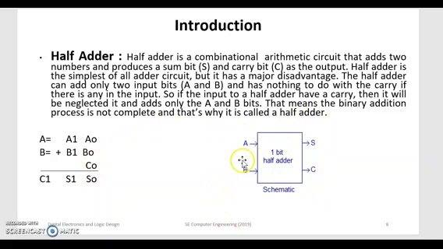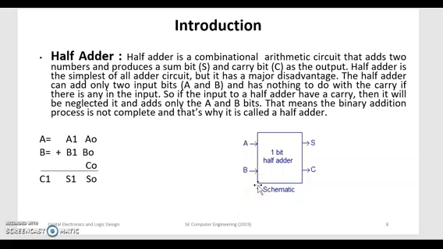See this block diagram. It is a 1-bit half adder circuit having two inputs A and B, first number and second number, and the output is generated as S for sum and C for carry. If the addition of A0 and B0 generates C0 as carry, in the block diagram itself there is no input for carry.